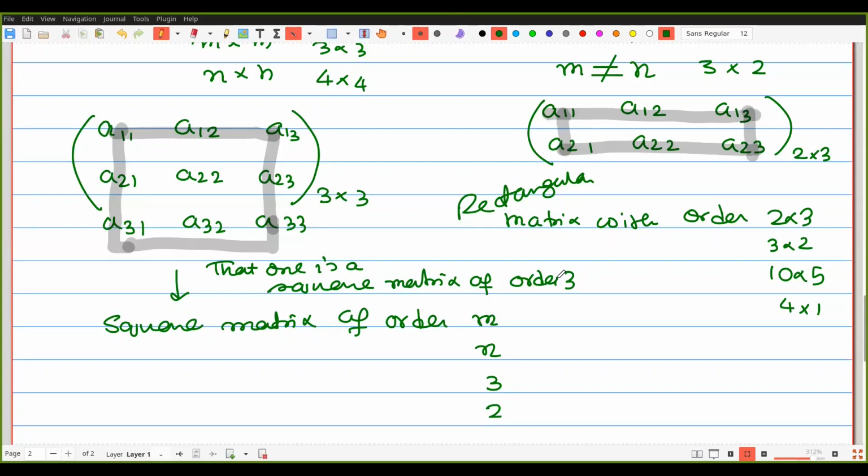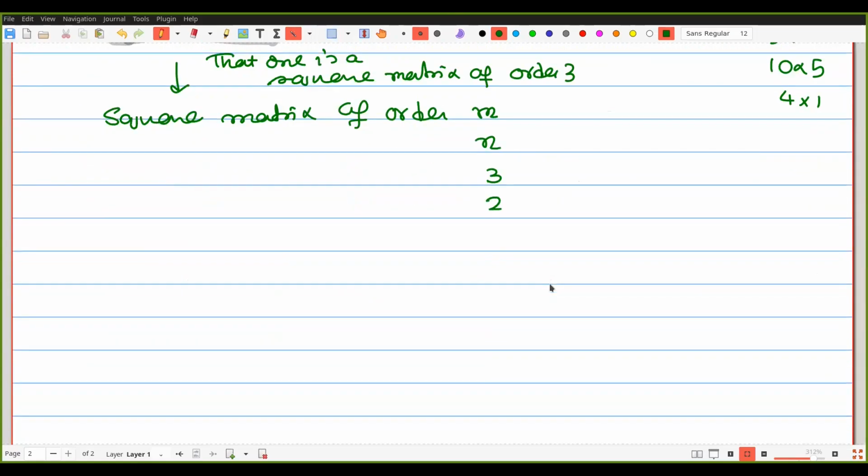Next one, suppose another one. We have a matrix that is A11. Only one element is there, and that one is the leading element. So whatever is the order of that matrix, that is 1 cross 1. Because here m is equal to n, we must say that one as a square matrix.